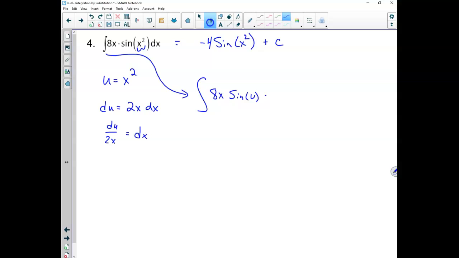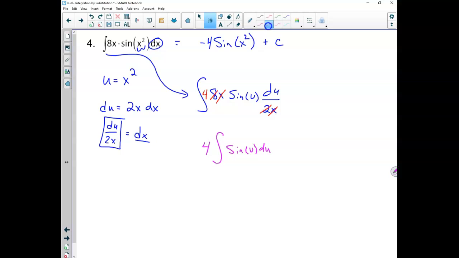And then rather than put my dx in there, I'm going to put du over 2x. Then I can see my x's reduce out. My 2 is going to go to a 4. So this whole integral is really 4 times sine of u du.